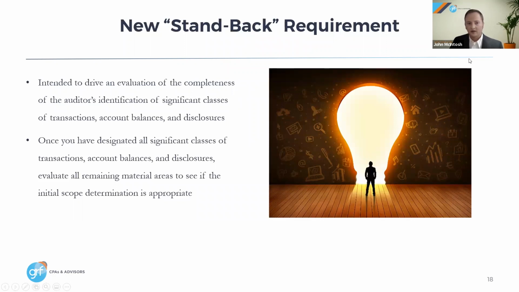The new standard also incorporates a new so-called stand-back requirement. At the end of the risk assessment process, auditors are now required to pause and evaluate the completeness of their identification of significant transactions and risks.